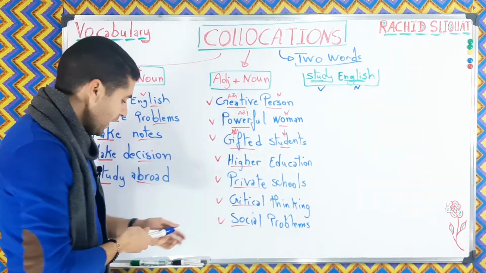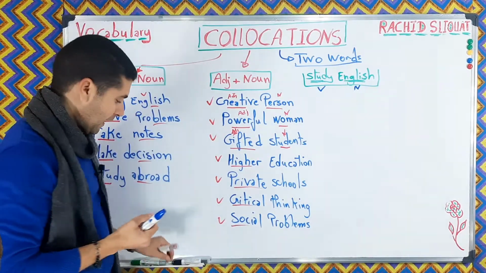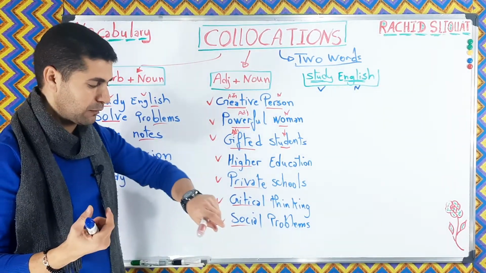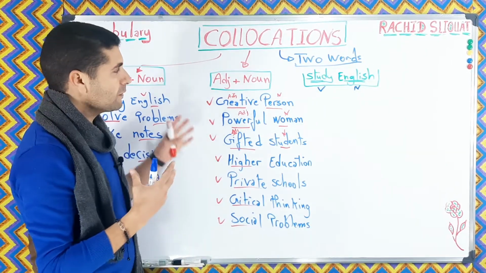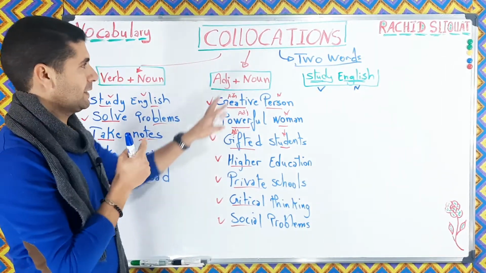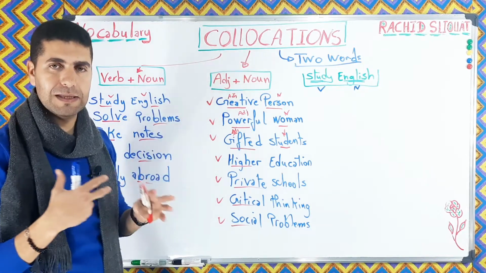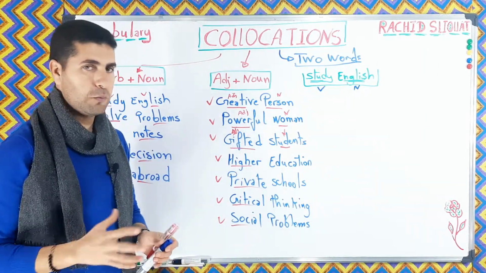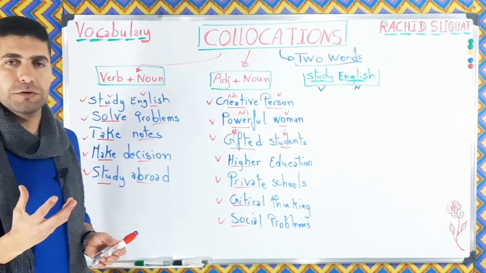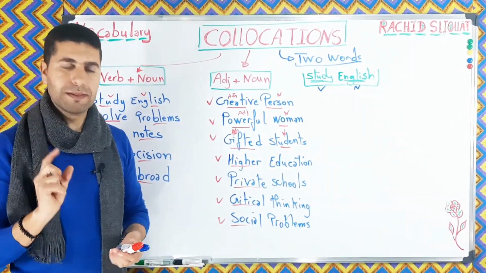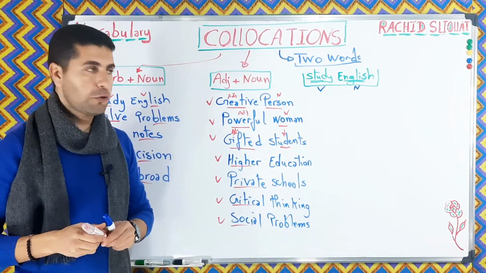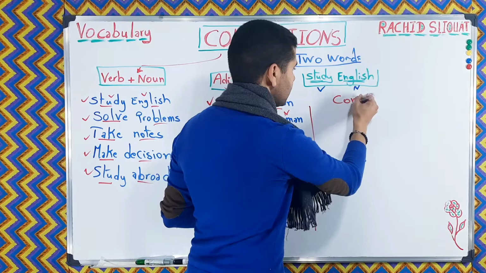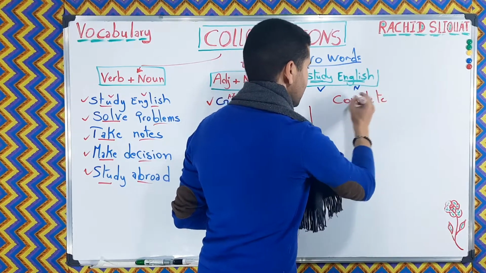Now, for you as a student or as a baccalaureate student or anyone who is going to sit for a test, what is the importance of these collocations in the national baccalaureate exam or for exams in general? What is the importance? It's very important for one particular reason, to complete the sentences, okay?